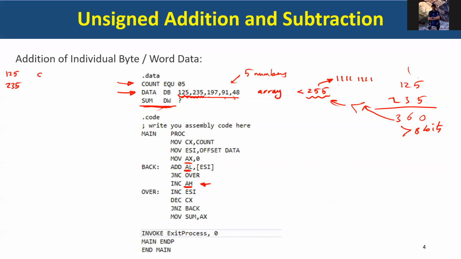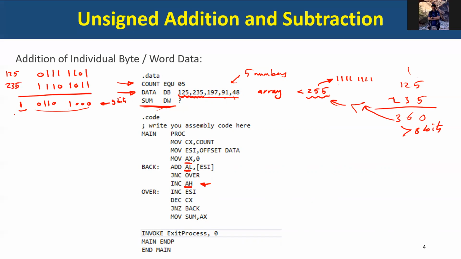This addition will be like this. If you add these together, this will give you the following result. I already did it, so we don't need to waste time here. So this is 9 bits: 8 bits, and this is the 9th.